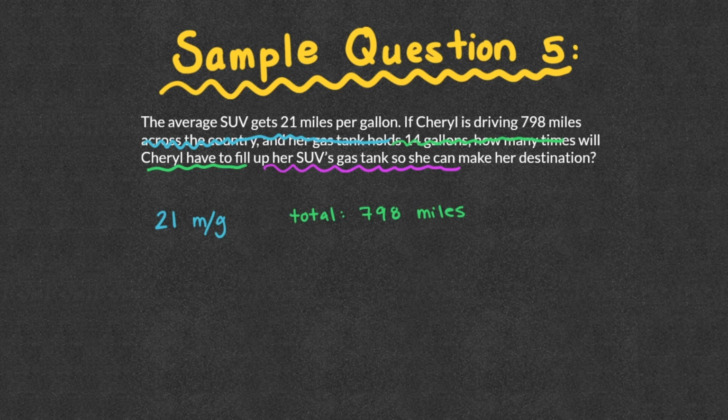So what we need to figure out is how many gallons of gas will Cheryl need to get across the country? Because then we can divide that by 14. So if we look, we know that she travels 798 miles. I'm actually going to move this over because we do need more space. 798 miles.